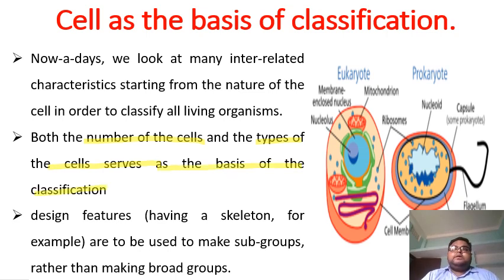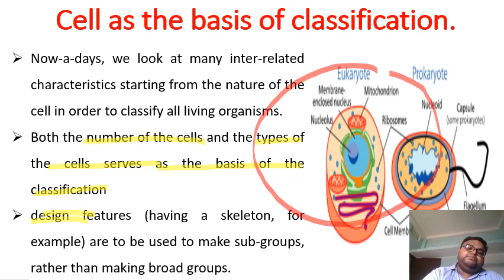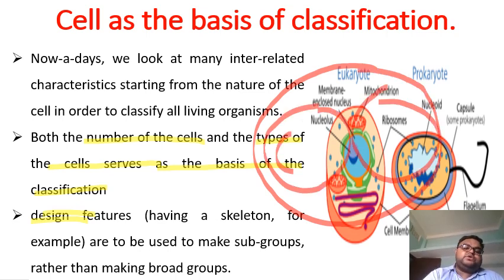So when we consider other features like having a skeleton, for example, these are design features. So design features are used to make subgroups, or rather smaller divisions within broader divisions. We saw that when we are classifying organisms, first of all, we are creating a broad group, right? Inside the broad group, there will be many small groups, and within those small groups, there will be other small groups, right?